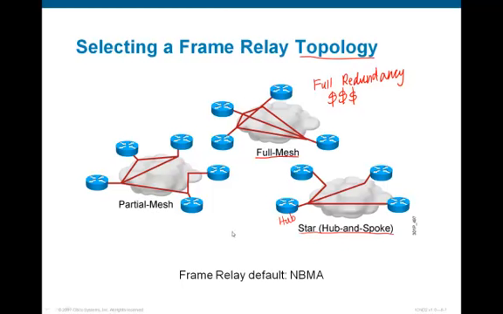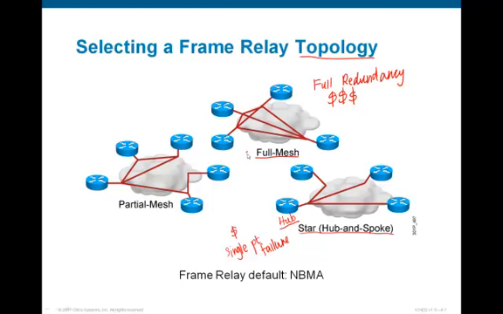So one of the advantages of this hub and spoke deployment is that it is cheaper to deploy compared to a fully meshed deployment. But the hub and spoke topology does have its disadvantage in that it has a single point of failure, which is the hub. So if the hub fails, all the remote sites will not be able to communicate with each other.